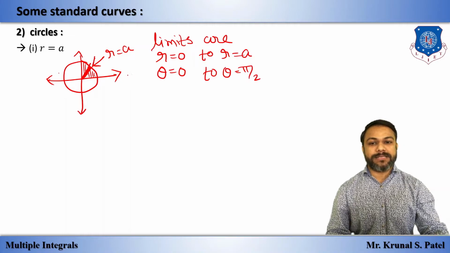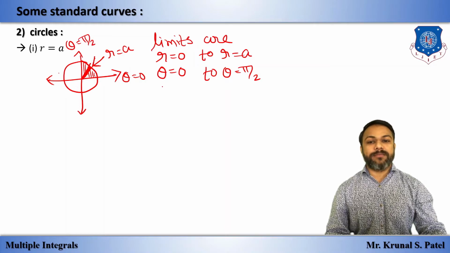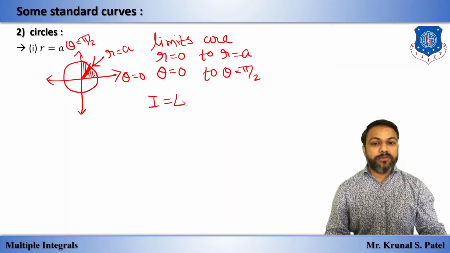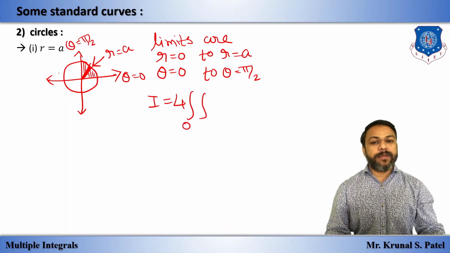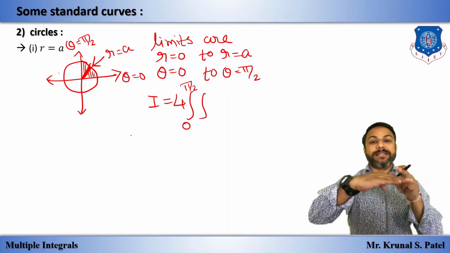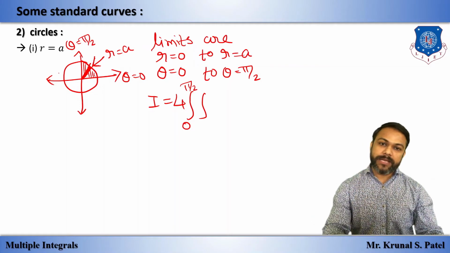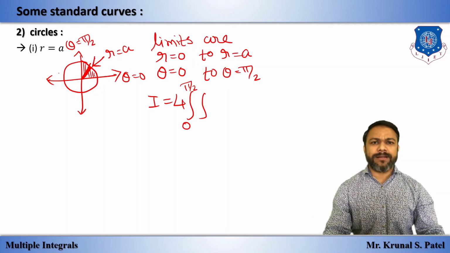I am taking this first quadrant only, so we can multiply by 4 times. So integration 4 times, and theta's limit is 0 to pi by 2. Or we can use 0 to pi entire, or we can take 0 to pi upper half and multiply 2 times. So we have many choices in polar coordinates.